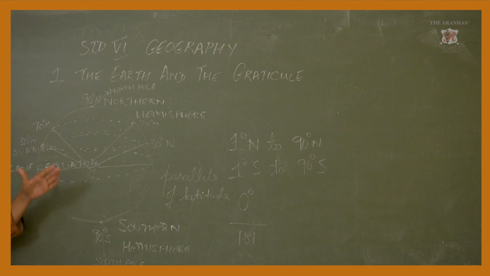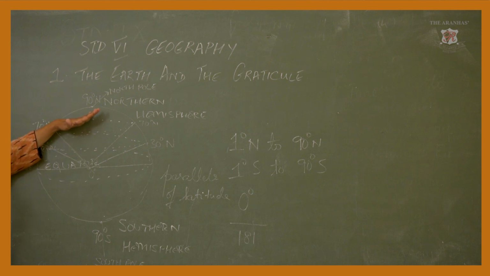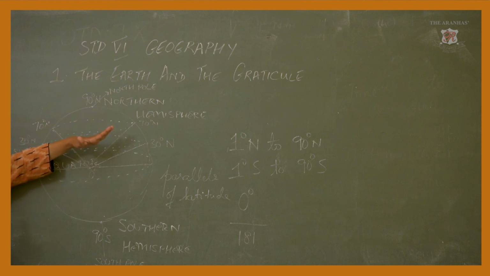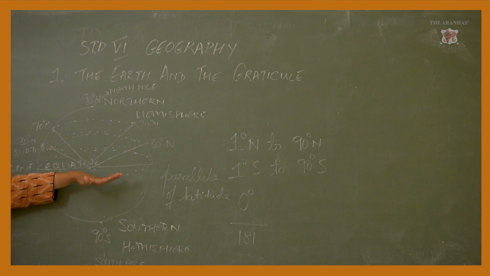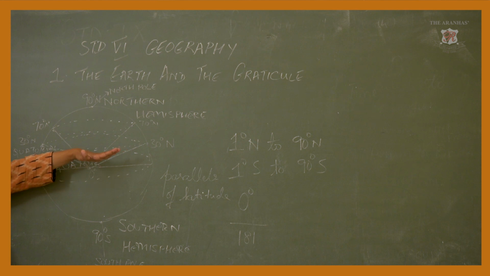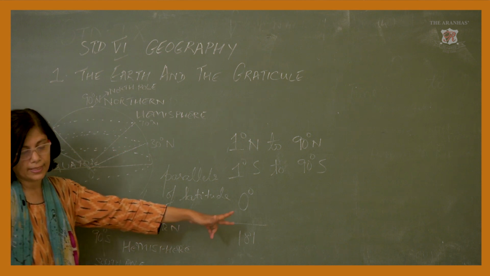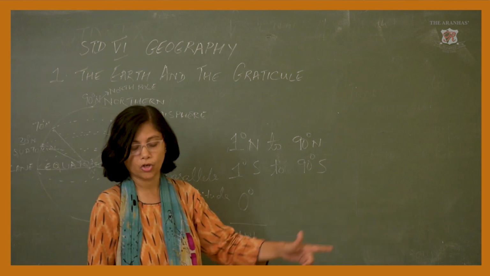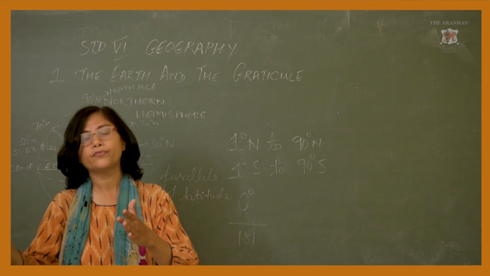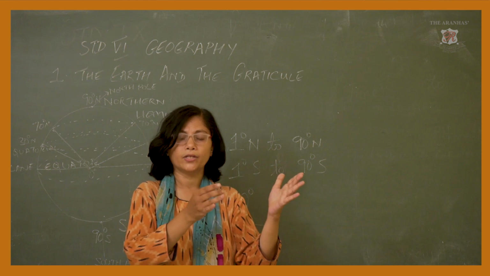With the interval of 1 degree, we can draw 1 to 90 degree parallels in the northern hemisphere, and 1 to 90 degrees in the southern hemisphere, and with the equator being 0 degrees, we have a total of 181 that we can draw. So, this is one half of the information with regard to latitude.